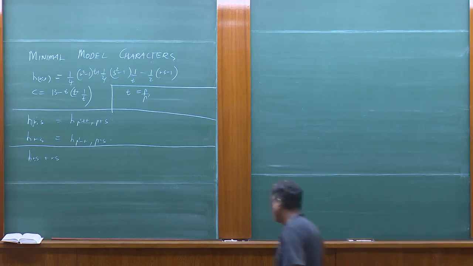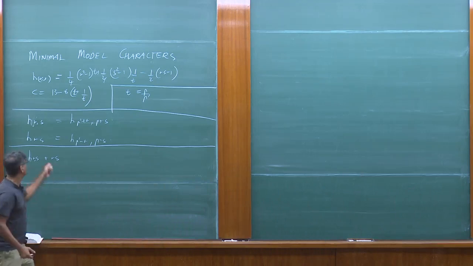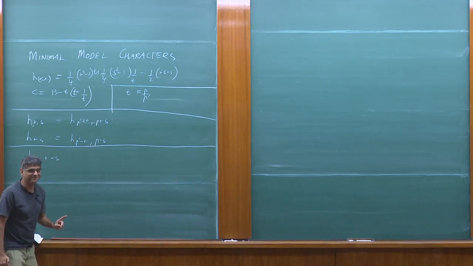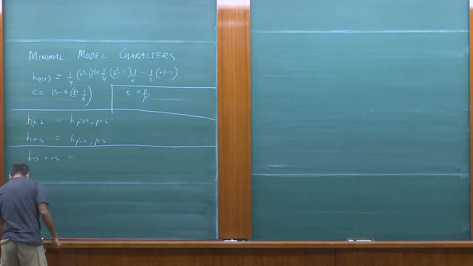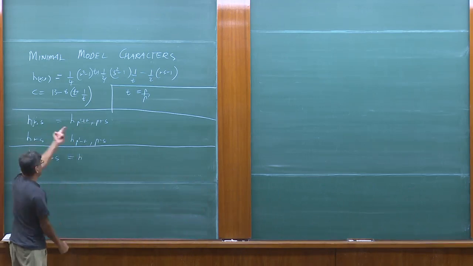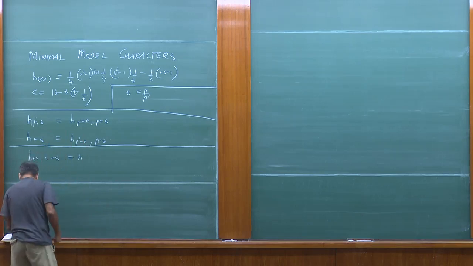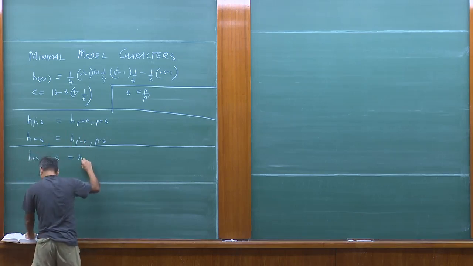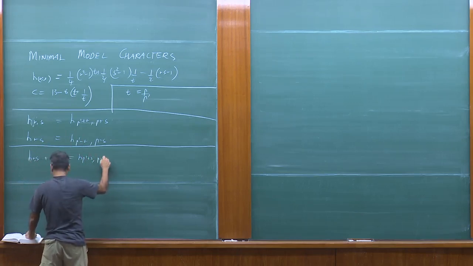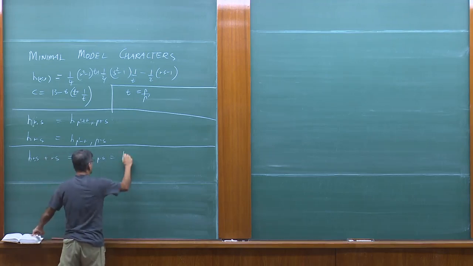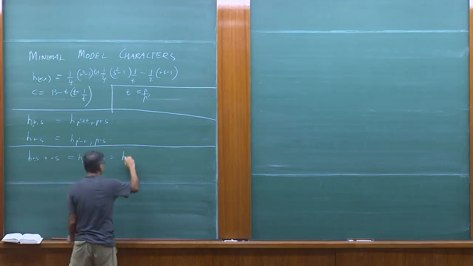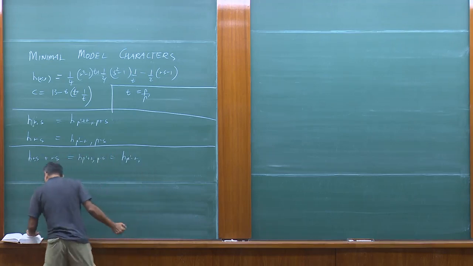Okay, so this quantity was itself an H of this form. And using these periodicities, we wrote 2 equivalent relations for this. This was H of (P prime plus R, P minus S). But this could also be written as H of (P prime minus R, P plus S).